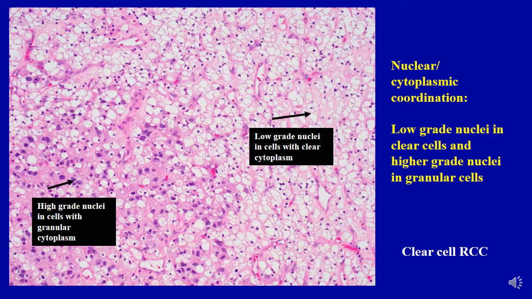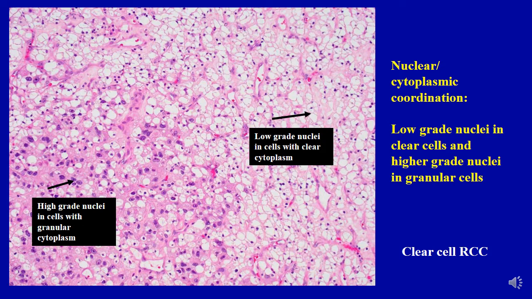Another clue on the nuclear features is that classic clear cell renal cell carcinoma, as I showed you several examples, can show high-grade cytoplasmic features or granular cytoplasmic features, but usually there is a good nuclear cytoplasmic coordination.